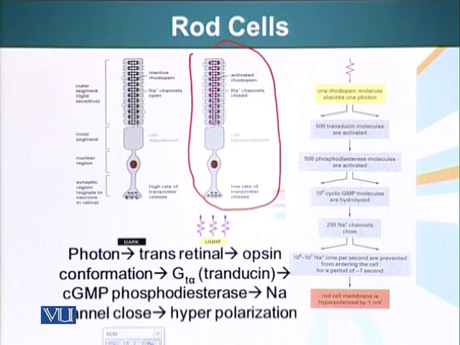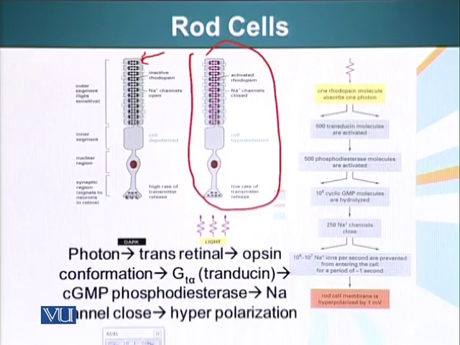So this is again the structure of our rod cell. You can see these sacs which have this rhodopsin molecule on them. When light hits them, the G protein activates the phosphodiesterase molecule, which is going to degrade cyclic GMP into linear GMP.